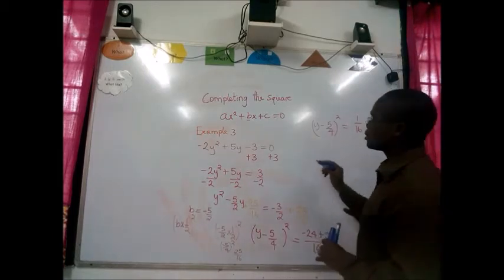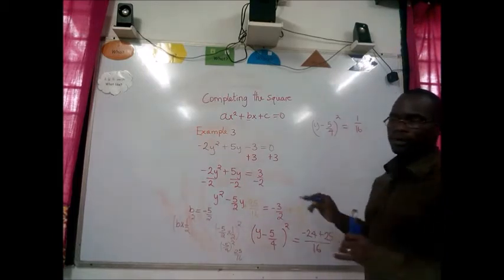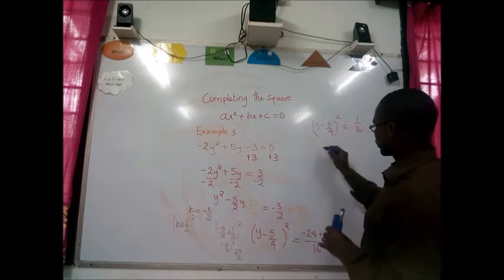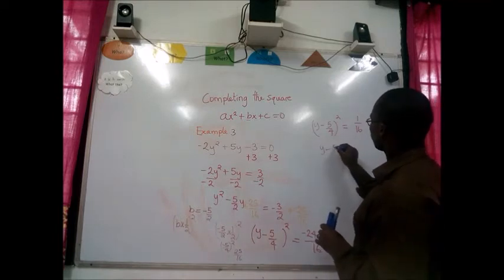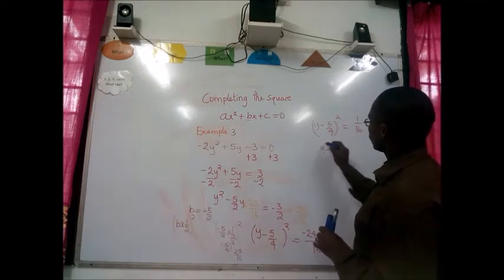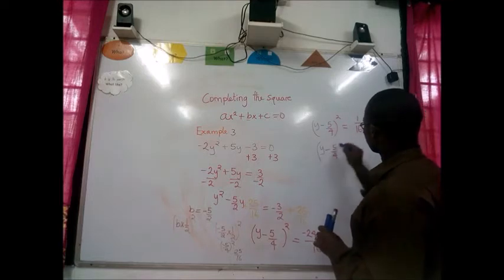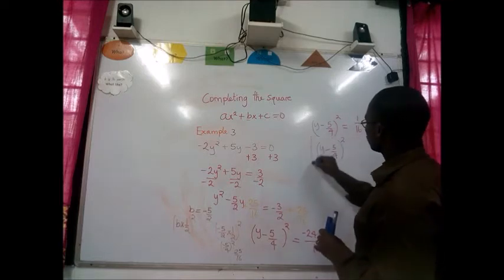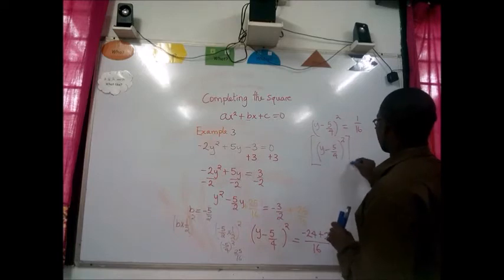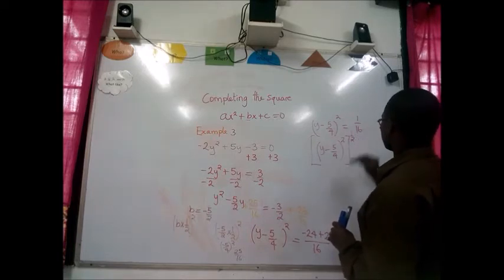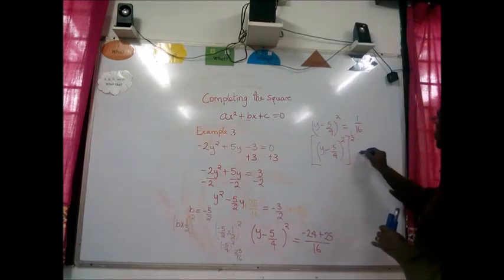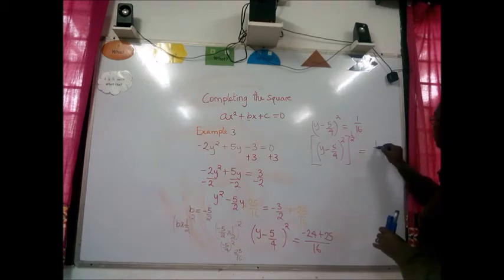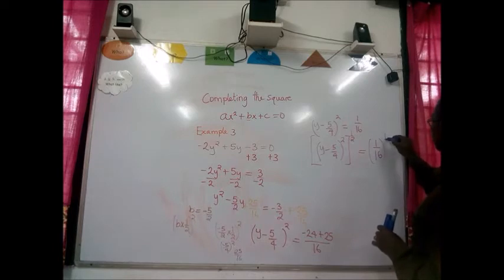And then you take the power of half, exponent half, on both sides. So you can cancel that off, and this is 1 over 16 to the power half.